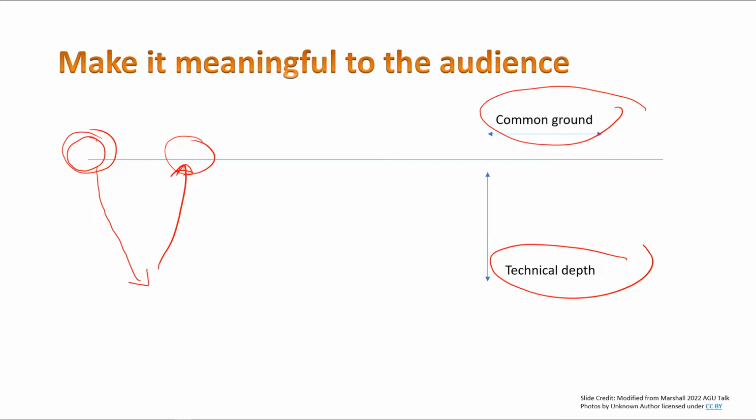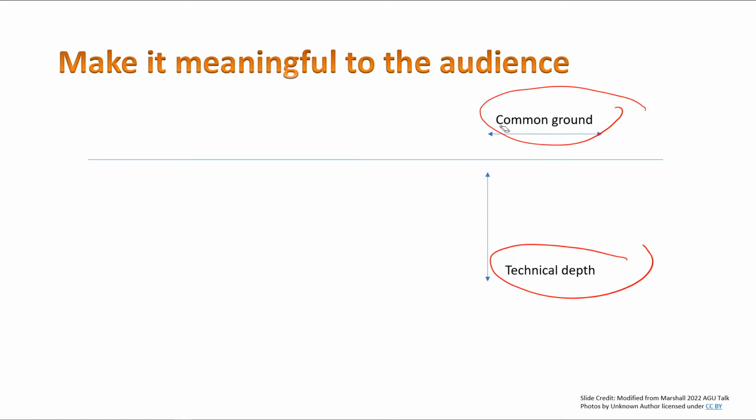Or you can dive into technical detail, like talking about the earth system model and improving it, and then come back to the surface and say, improving this earth system model is useful because it will help us make predictions, and then I connect it to something that you know, like rainfall or sea level rise.